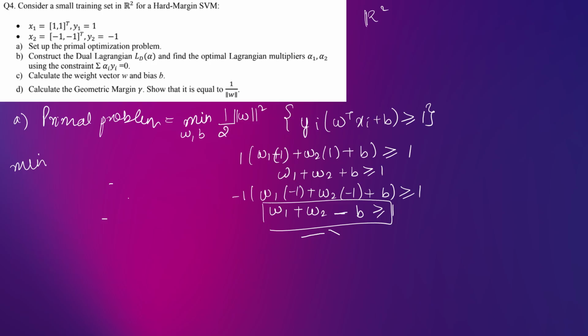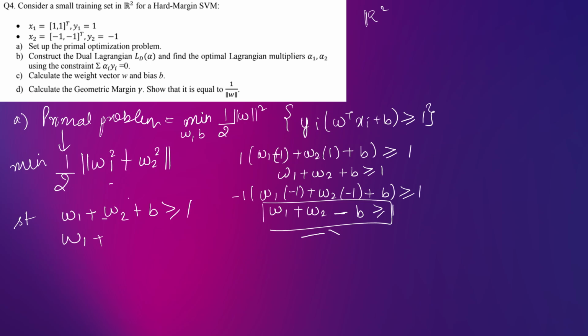Now the final primal problem that you'll have will be the minimum of half of the sum of squares of both, such that the two equations are satisfying each other.